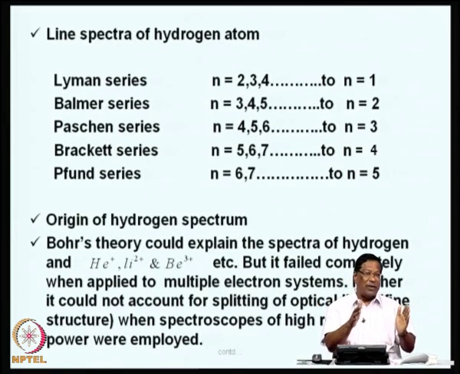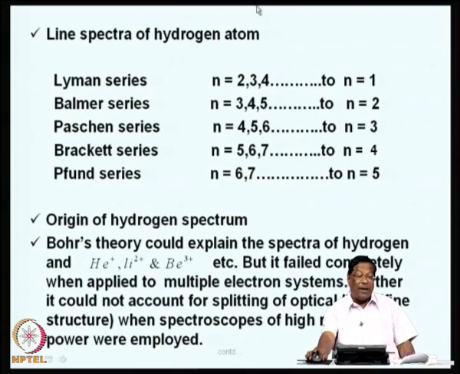This Balmer series of lines is what you will see in the visible region. The Lyman series corresponds to the ultraviolet region. Similarly, the Paschen series comes in the IR range etc. So, this accounted for the number of lines that you see in the electronic spectrum of hydrogen.